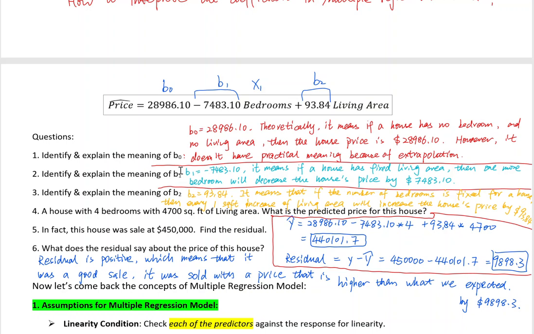Remember how we interpret this B1? We have a condition for fixed living area, right? So if the living area is already fixed, then if you have more bedrooms, what does that mean?